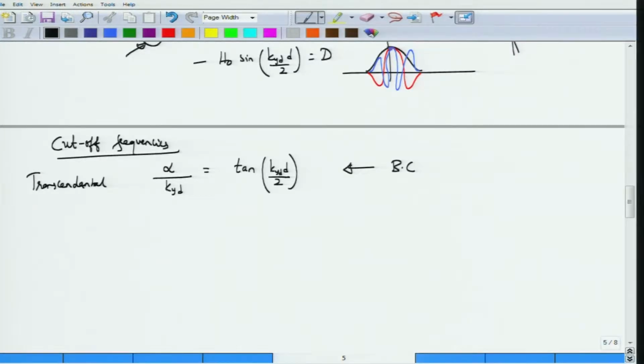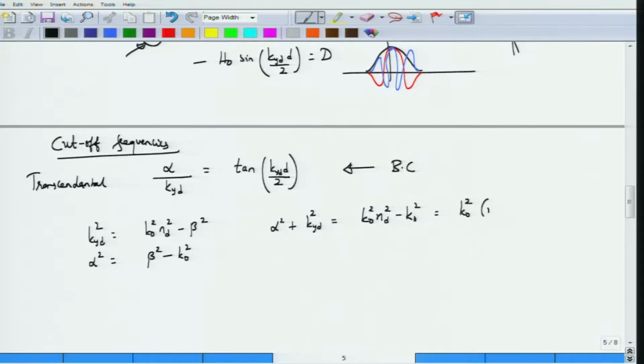We will not pursue this one, but you can actually add alpha square and ky square. So I know what is kyd square. Kyd square is nothing but k0 square nd square minus beta square. I also know what is alpha square. Alpha square is nothing but beta square minus k0 square. So if I add these two together, I get alpha square plus kyd square equal to k0 square nd square minus k0 square, or taking k0 square as a common factor, nd square minus 1.